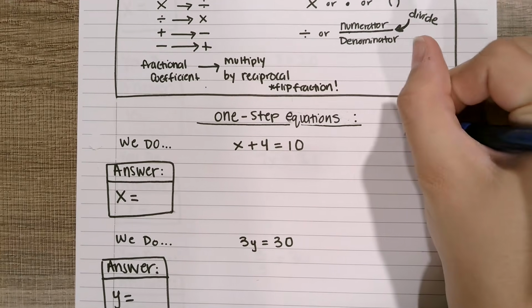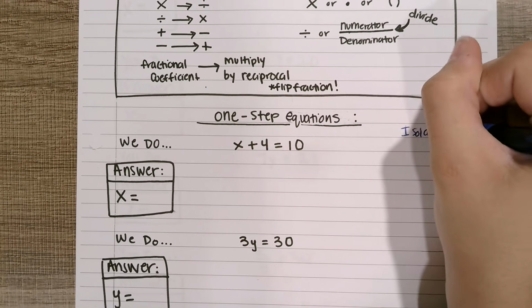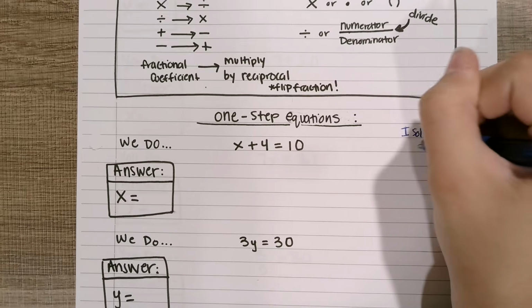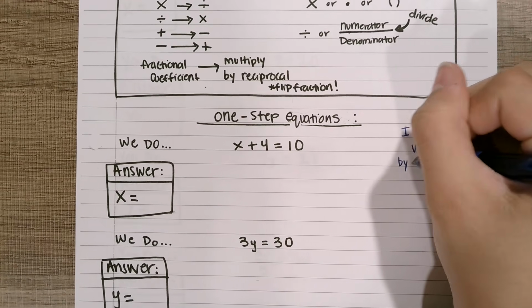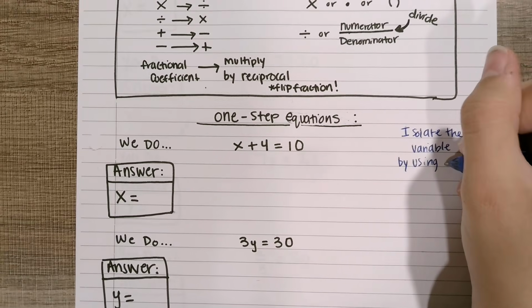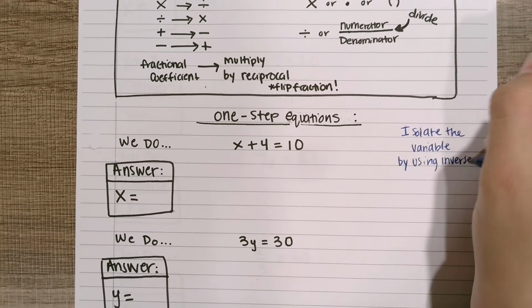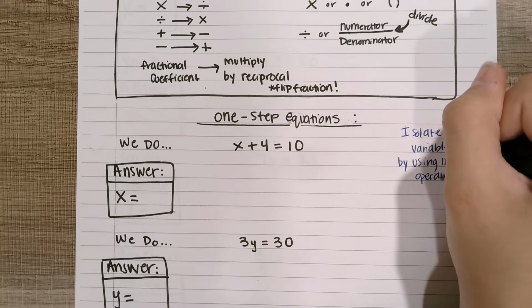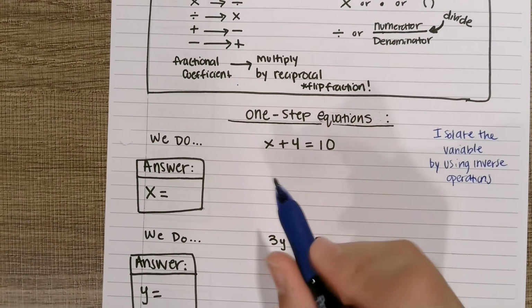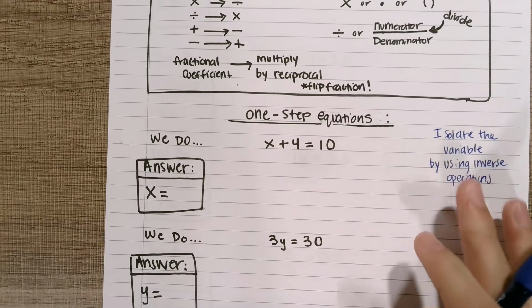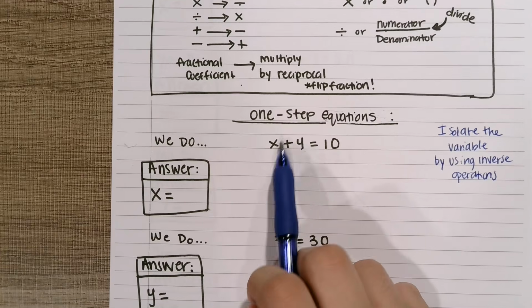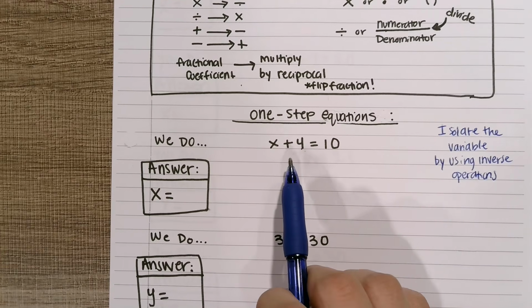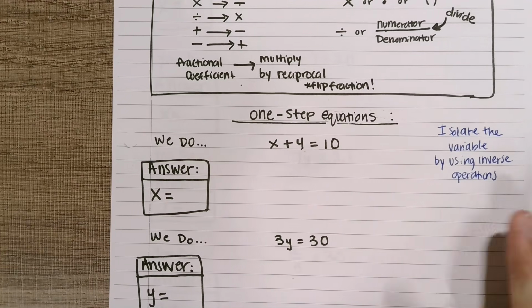That step is to isolate the variable by using, like we talked about, inverse operations, which we have in our notes right here. So if I have x plus 4 equals 10, I need to do the inverse of plus 4 to undo plus 4 to get x by itself. In other words, to isolate x.